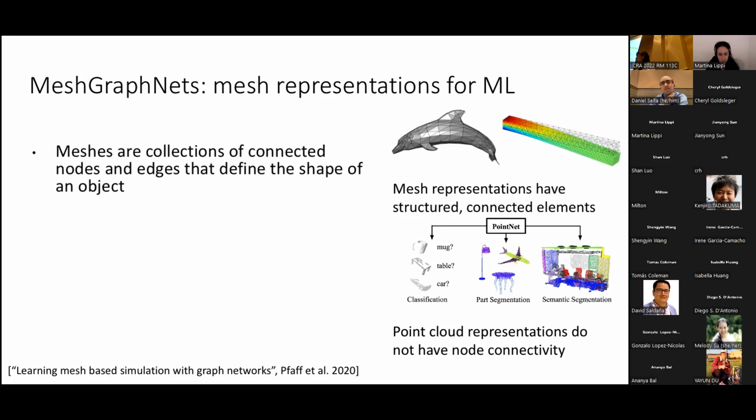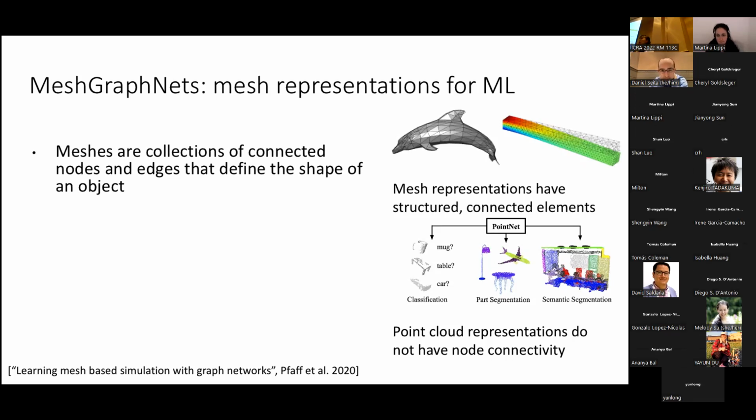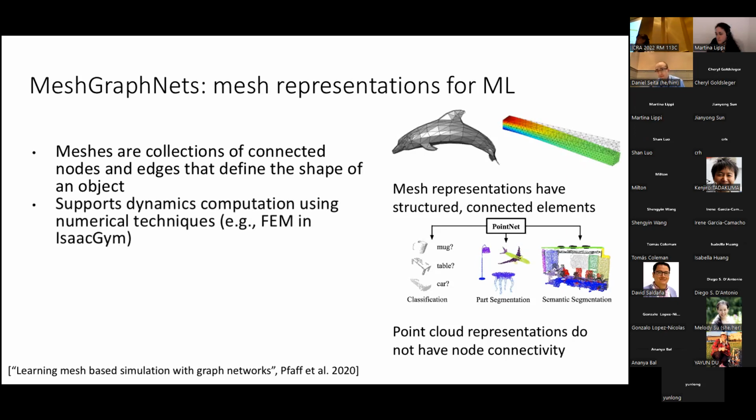So on the other hand, as opposed to point clouds, meshes are collections of connected vertices and edges that don't change over time, that clearly define the shape and structure of an object. And these meshes are the go-to representation for computing dynamics using numerical techniques. For example, in our DefGraspSim work, all deformable objects are indeed represented as meshes and not point clouds.